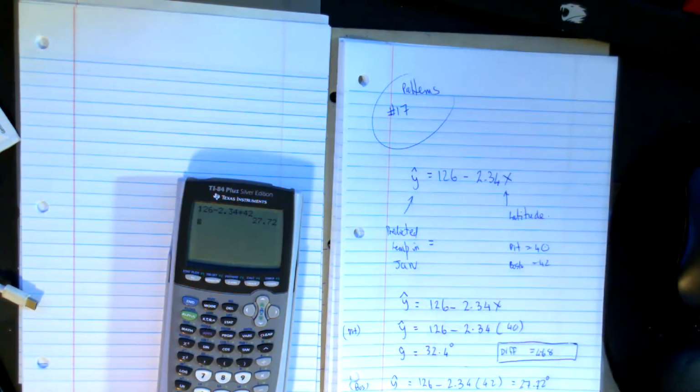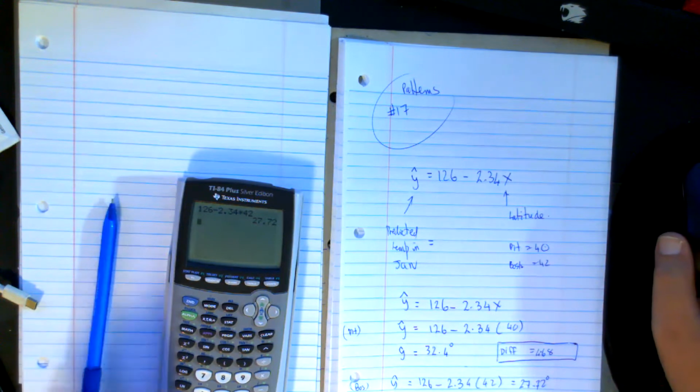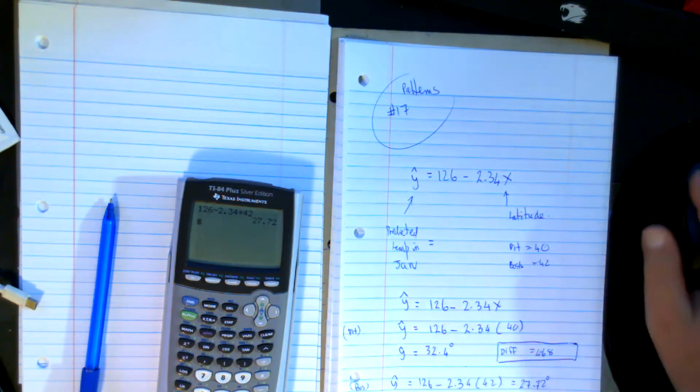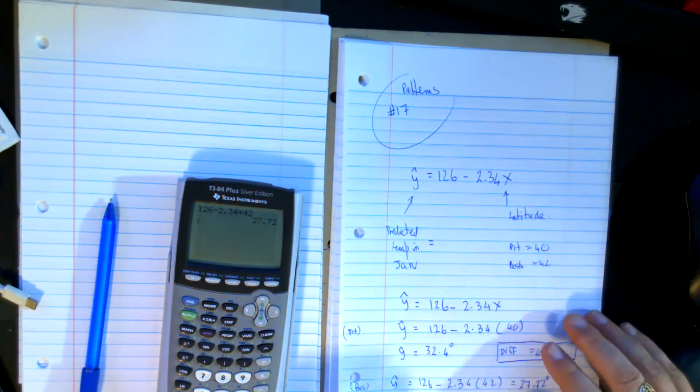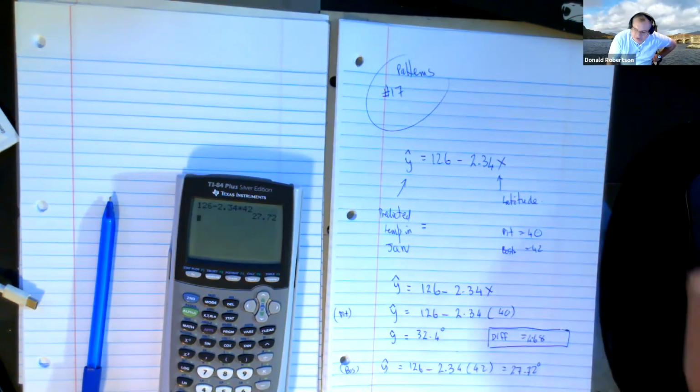Oh, okay. Yeah, I think my X was off. I was calculating using the temperature rather than the latitude. Oh, well, now you're good. Yeah, and then the next one.